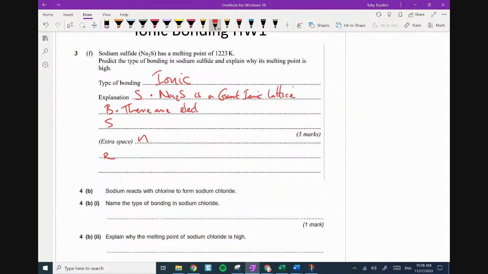I'm just going to put electrostatic attractions, and they put me in a context. So I have to now include those ions, otherwise I'm going to lose that 1 mark. There are electrostatic attractions between, this is the difference between A-level and GCSE. You've got to now use the ions Na+ and S2-.